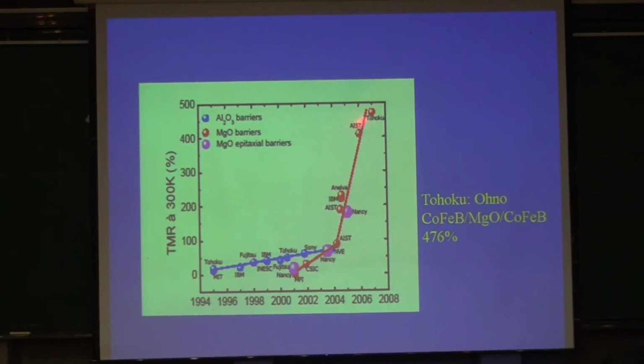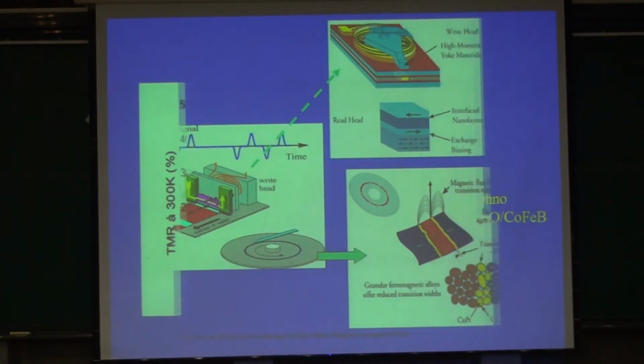It's a different thing. This was proposed by the band calculation theory, and later on was realized by Stuart Parkin and also Japanese colleagues. Actually, right now Tohoku University has pushed that to 500 or 600 right now.